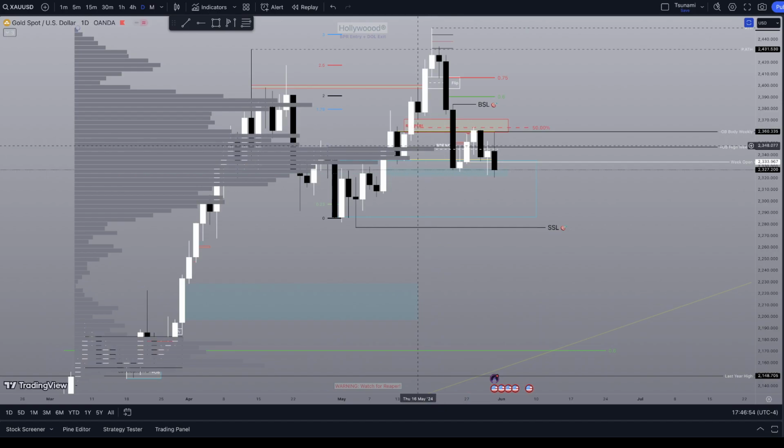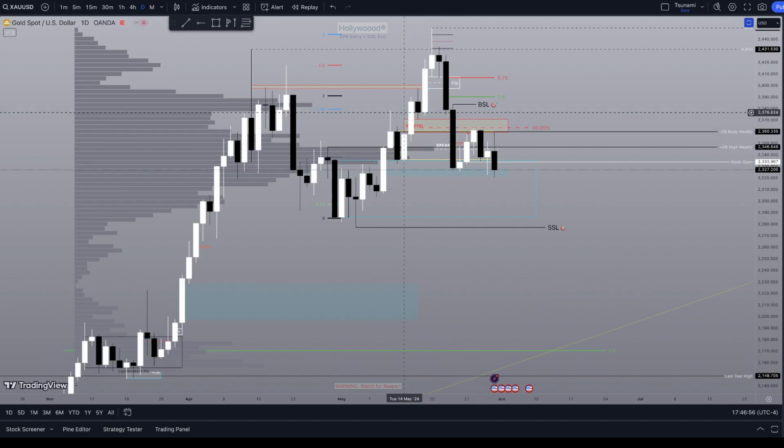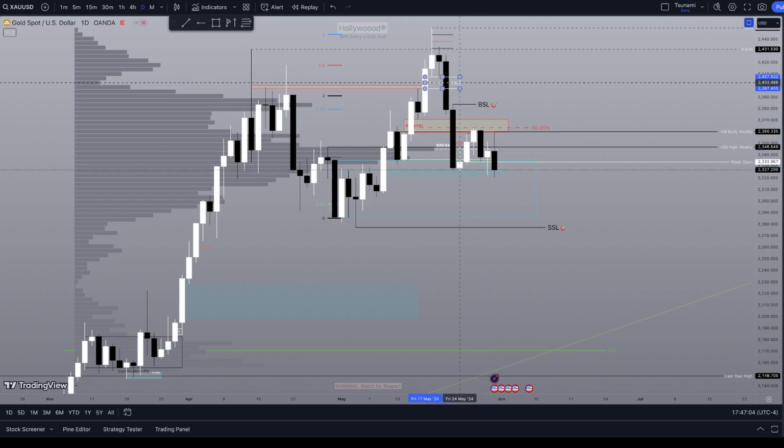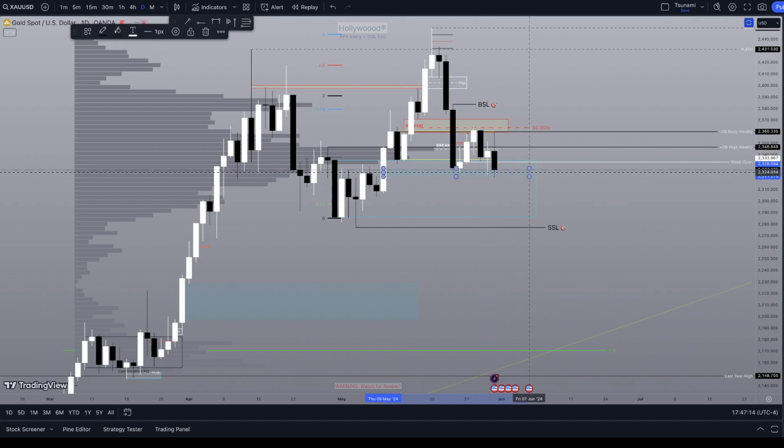What happens at a Reaper is this: you have a lot of buyers here. This is an iFVG as well, and a lot of buyers got in here, but not as many as here or here. So this would actually be the strongest Reaper if it got traded through, because this was more of an accumulated buy zone.